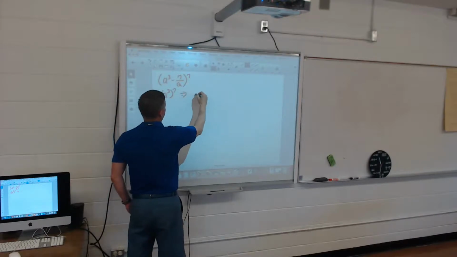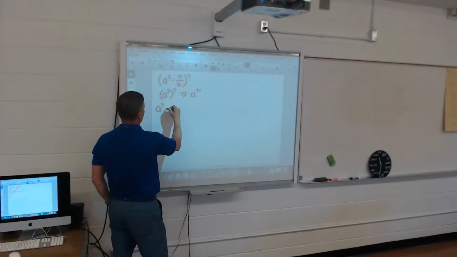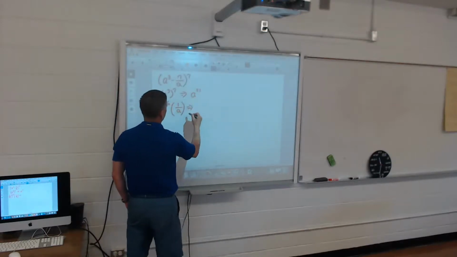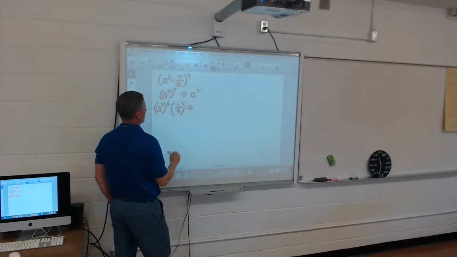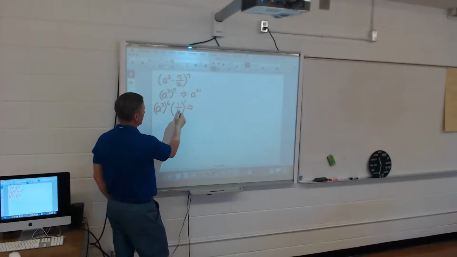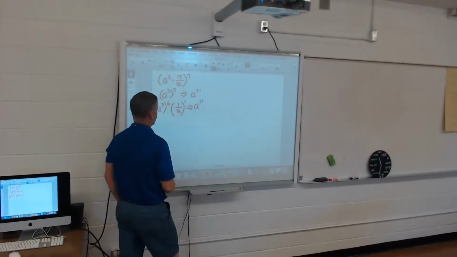So that gives me a to the 21. The second term of this whole sequence is a cubed to the 6 times 1 over a, because that's 1 over a to the 1. So 6 times 3 is 18. 18, take away one of those a's, a to the 17.